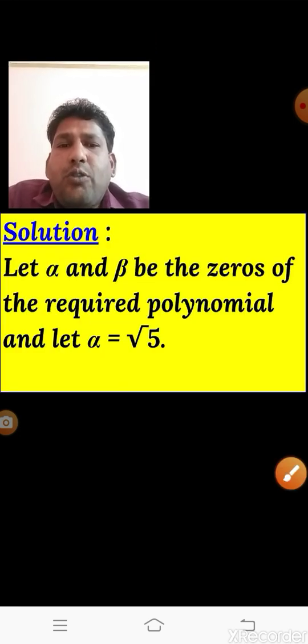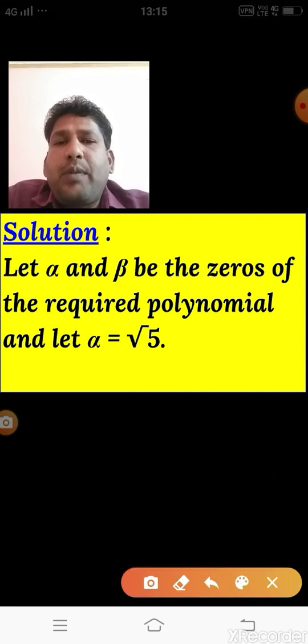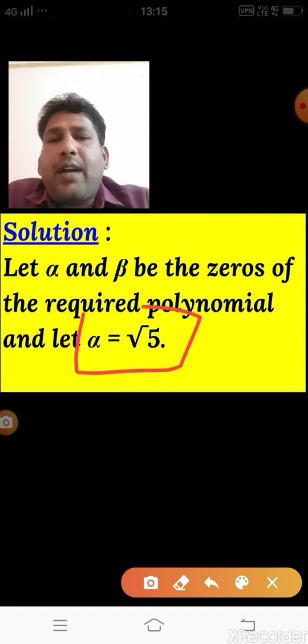Here we have the solution. Alpha and beta are the zeros of the polynomial, and I am taking alpha as root 5.